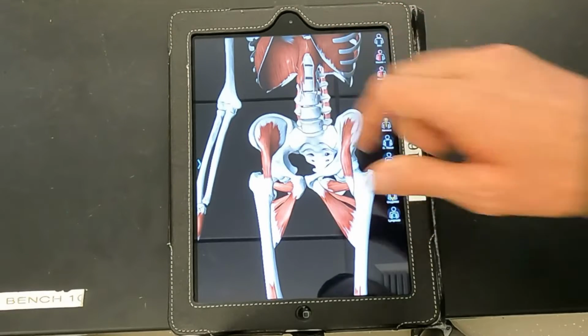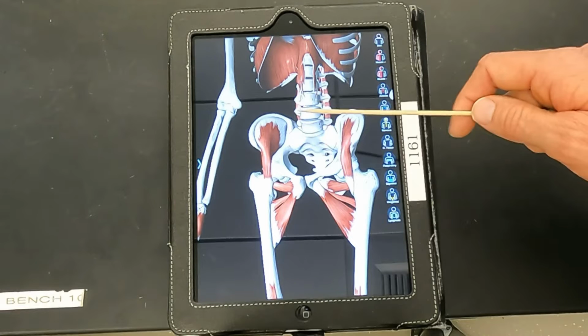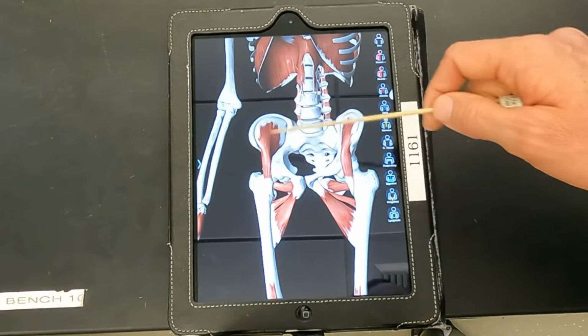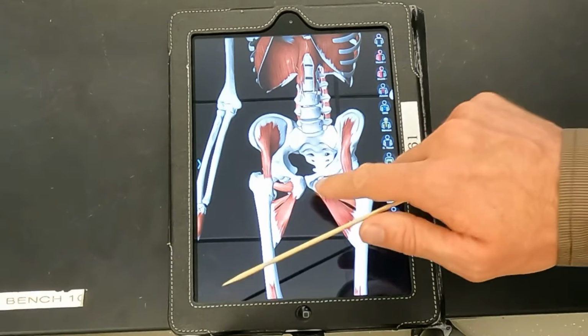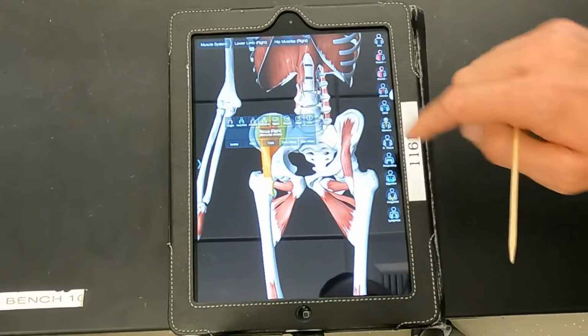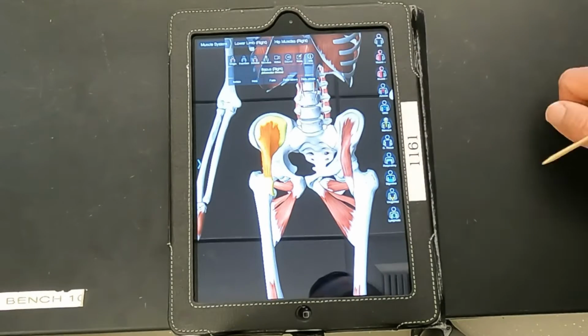And you can see the origin of it, it sits on the anterior side of the ilium. It's super deep there, right on the anterior side of the ilium, and it goes down and it inserts on, it looks like the lesser trochanter of the femur. And what do we call that muscle?